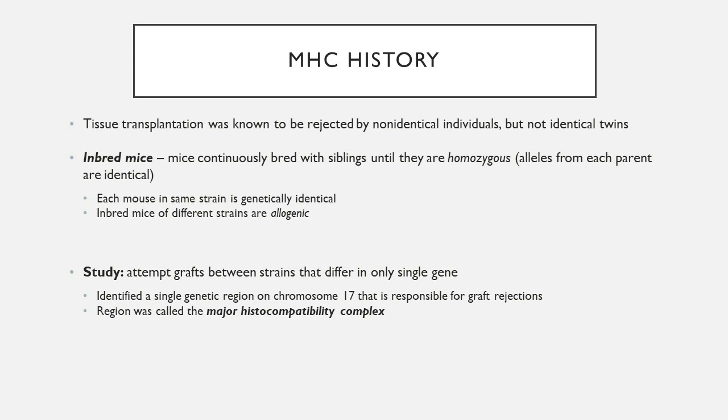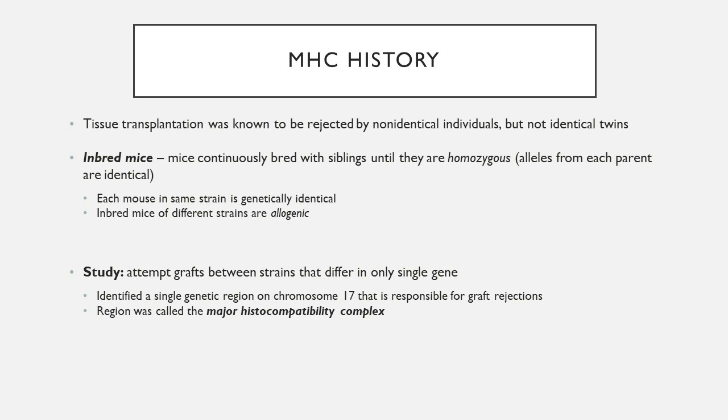Now, they could do this with different sets of mice so that you can have different inbred strains that would then be allogenic, which means while the inbred mice might be genetically identical to each other, they would not be identical to different strains of inbred mice. So they would attempt grafts between these different strains, and they would inbreed them specifically so that the 2 different strains of mice would only differ in a single gene.